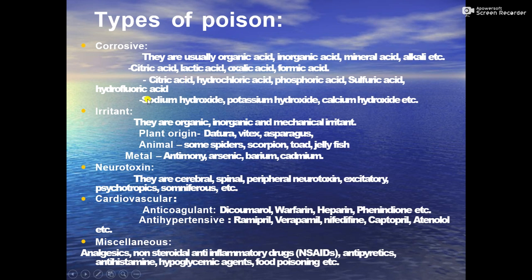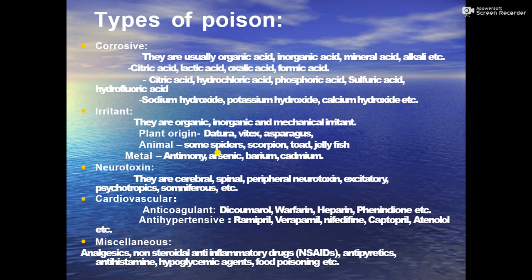One is irritant. Irritants may be organic, inorganic, and mechanical irritants. Irritants can be found in plant origin like Datura stramonium, like Vitex and asparagus, while in animal sources you can find irritants like spider, scorpion, toad and jellyfish.